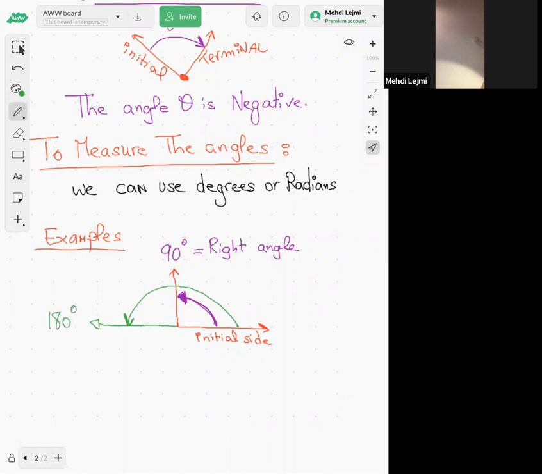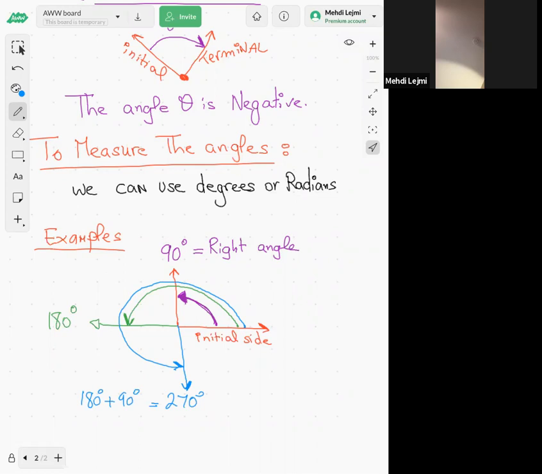Now if you go down to this side, you start from your initial side and you go all the way to this blue side. That will be, well, 90, 180, not exactly 260, Glenn. It's actually 270, because that's 180 plus 90.